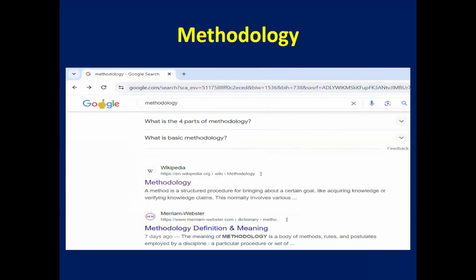And in Wikipedia, it is a structured procedure. It's not unstructured. It's a structured procedure for bringing about a certain goal. And what is a goal? Goal is our research objective, research outcome.